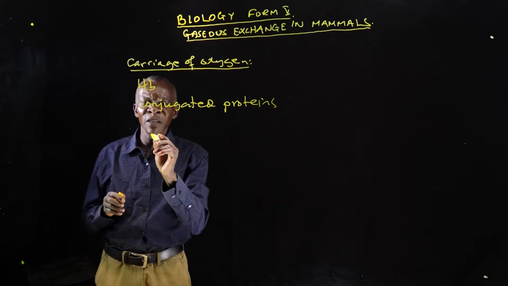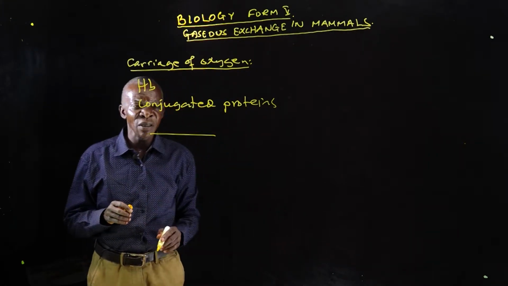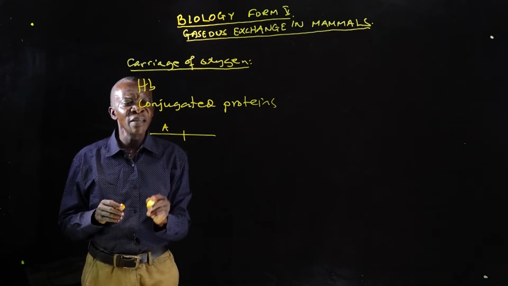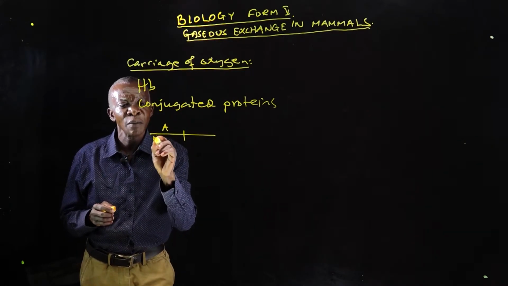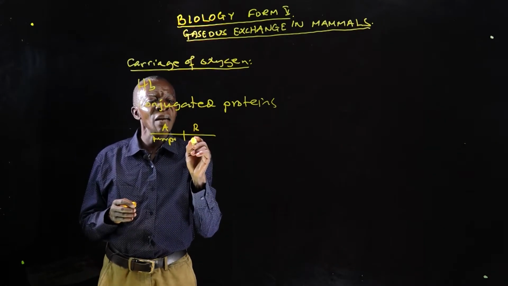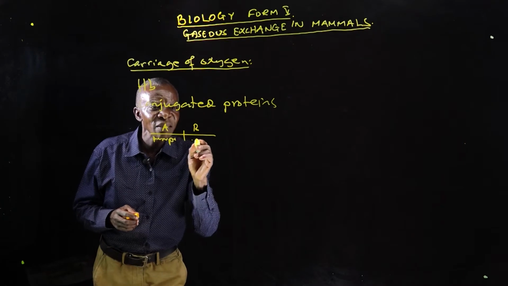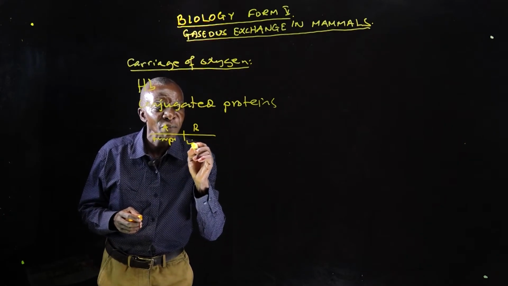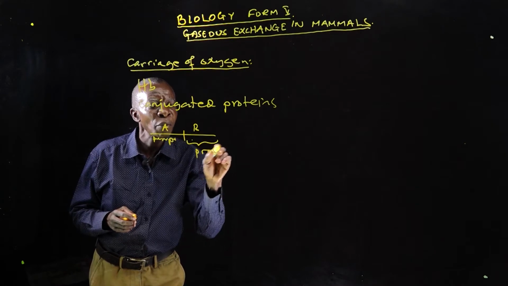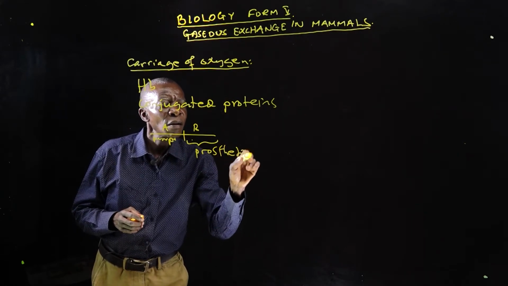Say, if this is a protein molecule, this side is the pure protein and this side is non-protein. This non-protein portion is called a prosthetic group.